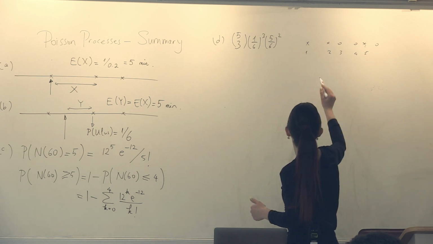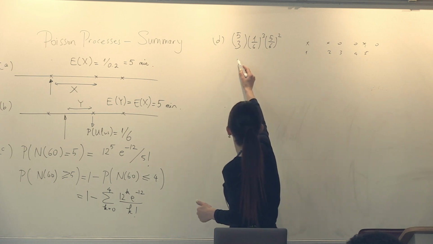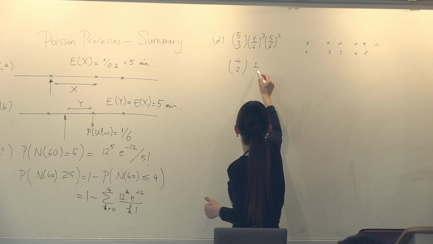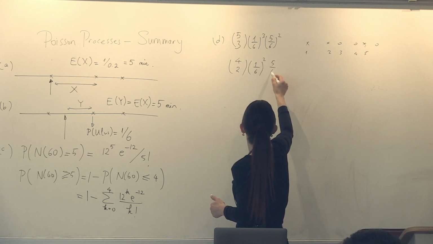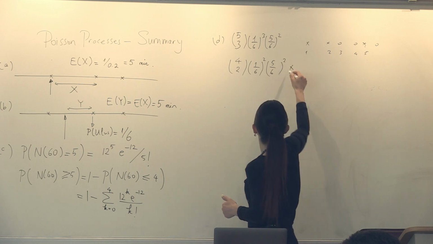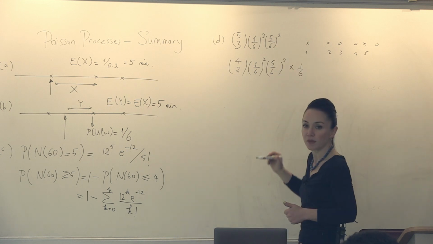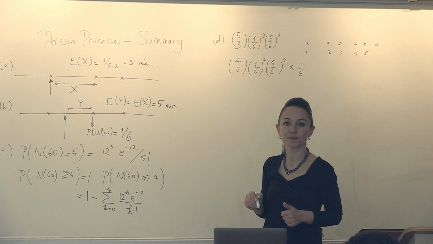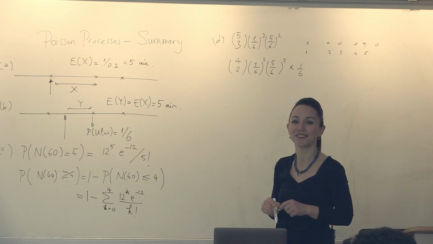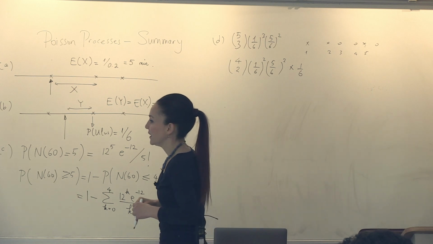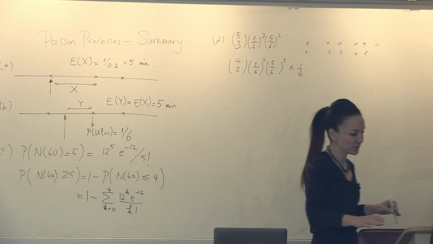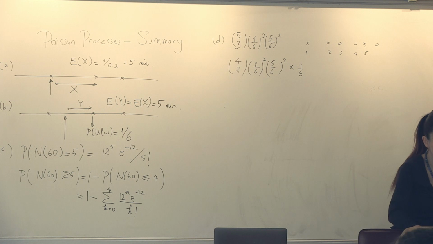Okay, very nice. So the probability there is 4 choose 2, 1 over 6 to the 2, 5 over 6 to the 2, multiplied by 1 over 6. Any questions? Question? No? All right. Good. So let's go to part E.